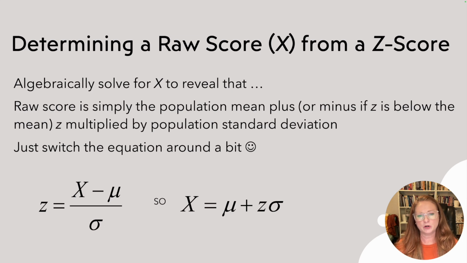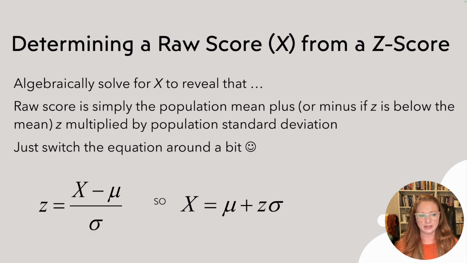You can also determine a raw score, x, from a z-score. Algebraically, you can solve for x. Now, up until now in the lectures I've been saying if you have 2 bits, you can always find the 3rd bit. Now I'm going to say if you have 3 bits, you can find the 4th bit. So in the previous slide, I said z equals x minus mu divided by sigma.